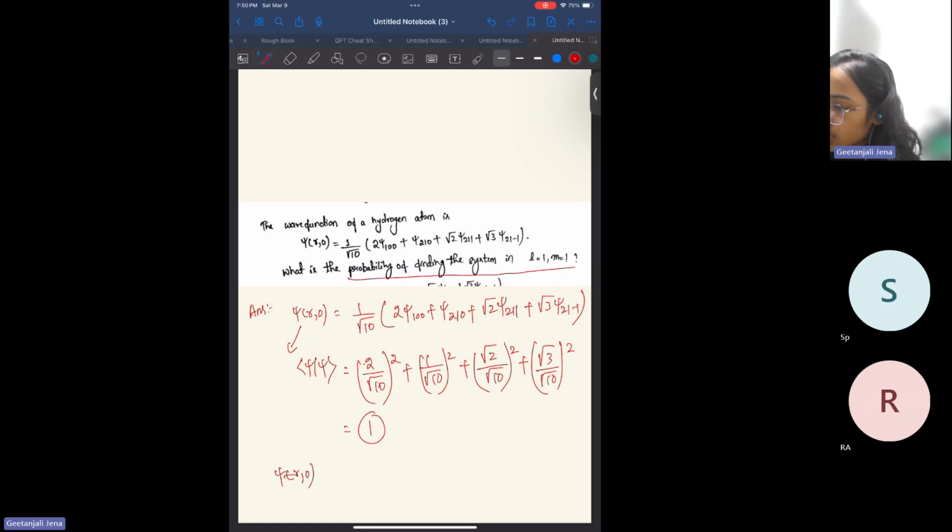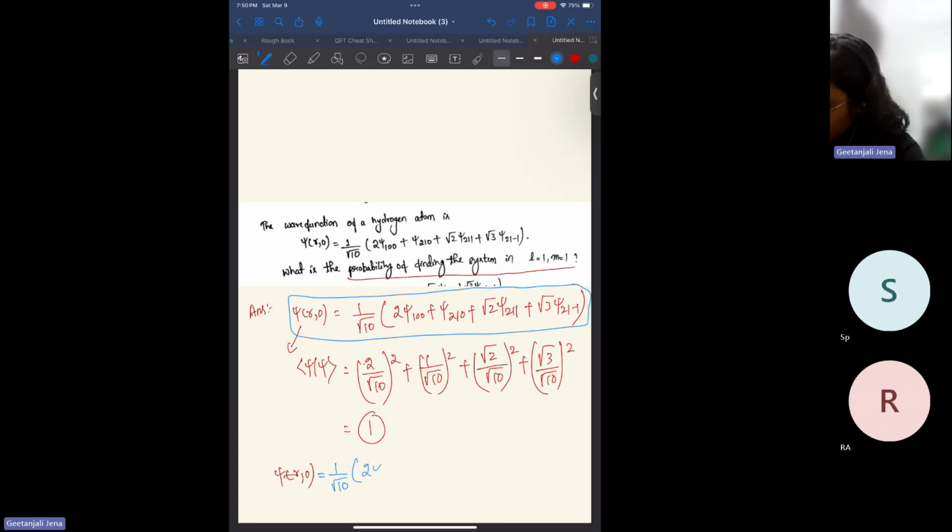Let me write this expression out again: 1/√10 (2 psi_100 + psi_210 + √2 psi_211 + √3 psi_21-1).